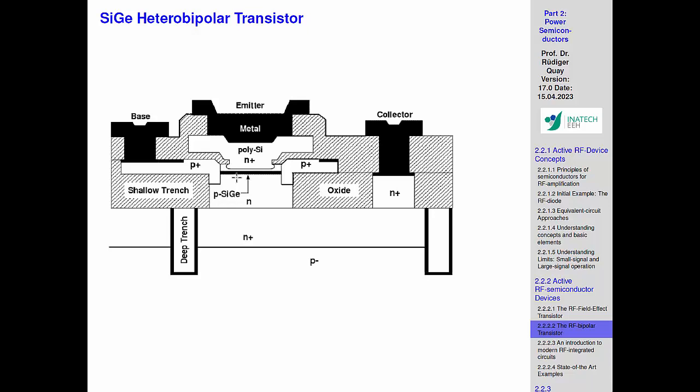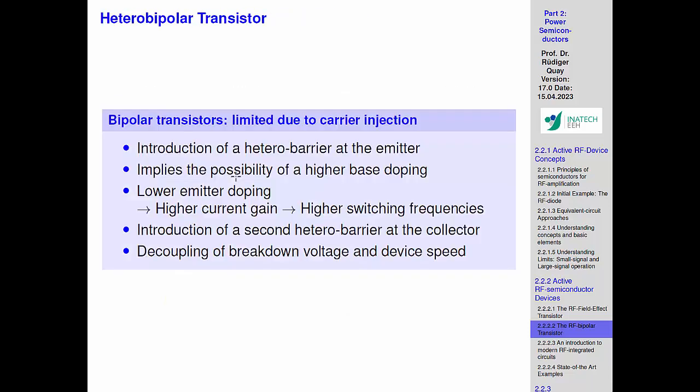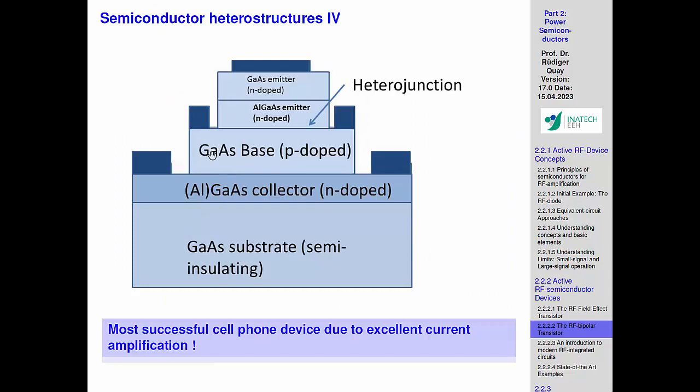Because silicon germanium has a smaller band gap than silicon, you get a heterostructure, so you get the same principle. In this case, the emitter is silicon, a wide band gap material, and the base is then silicon germanium, which has a band gap lower than 1.12 eV.